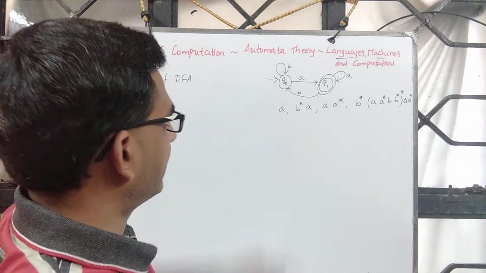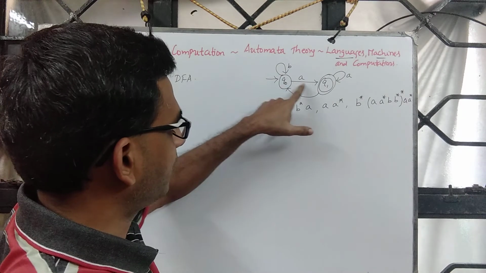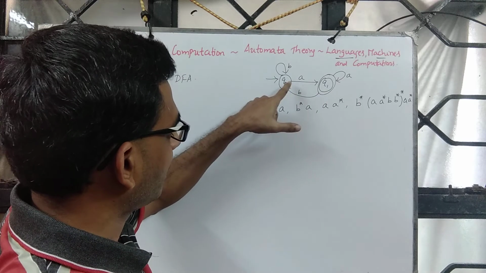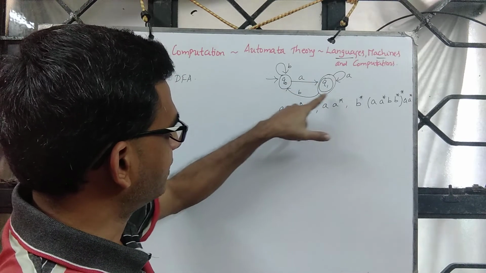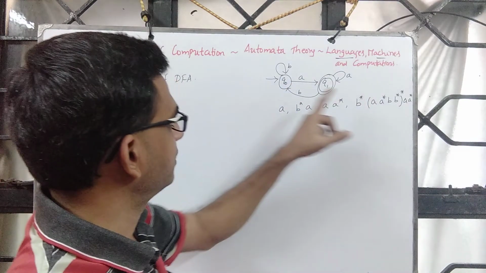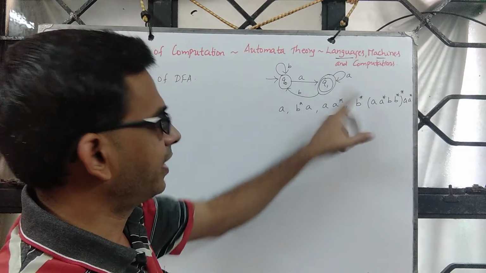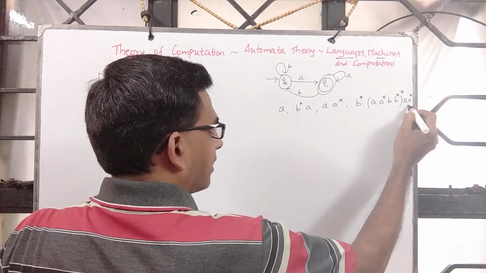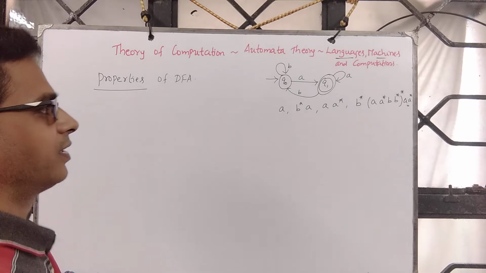So you get to see that B star followed by A star, B star, again A star, B star. So this can happen any number of times. Finally you get to read A and A star. Fine, so you still see that it ends with A.